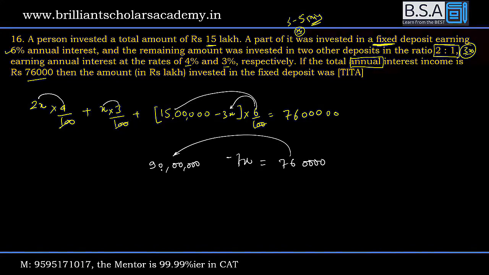Transfer it here. 90 minus 76, 14 followed by 5 zeros is equal to 7x, cancel, 2 lakhs. x is equal to 2 lakhs. If x is equal to 2 lakhs, that means 6 lakh rupees were invested here and 9 lakh rupees were invested here.